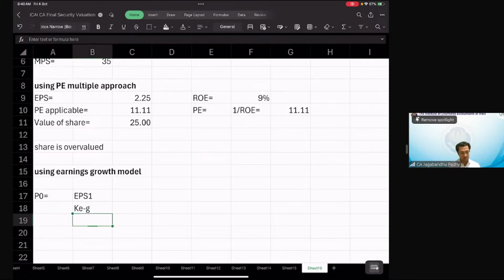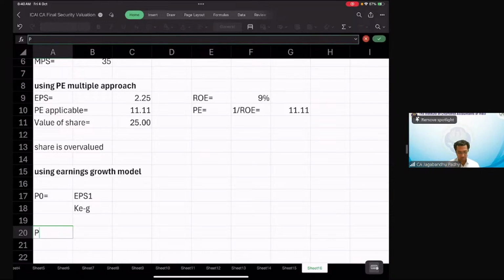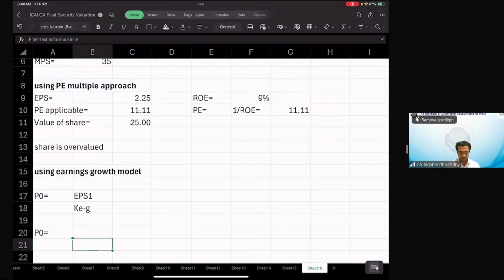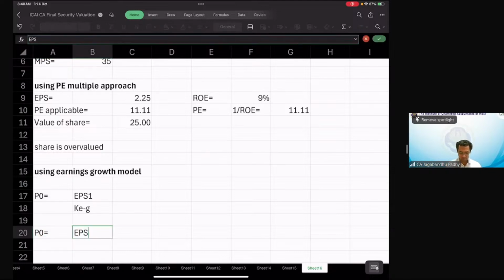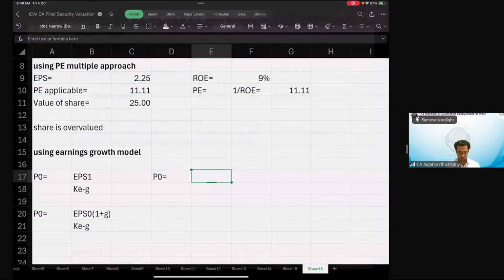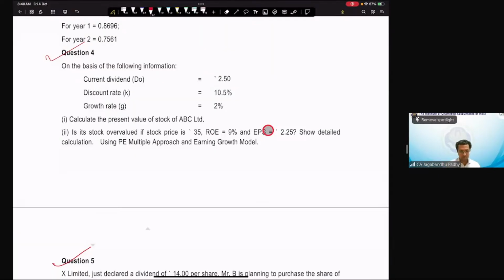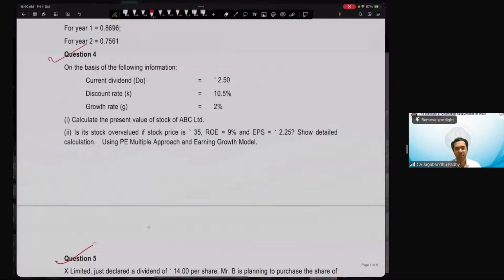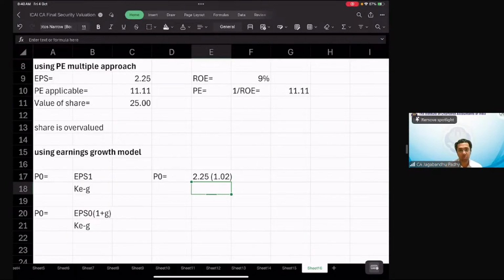Right? So first we need to get the P0 value. Of course, to get the EPS 1, we can say EPS 0, so 2.25, multiplied by the growth rate which they have specified, 0.5%.